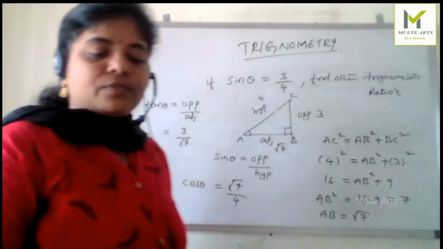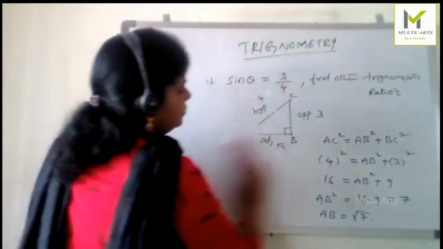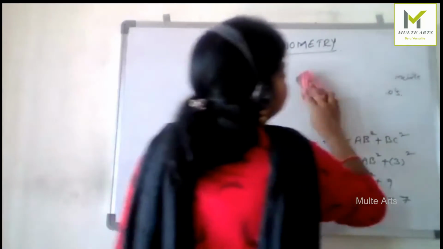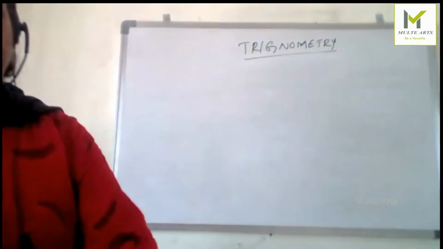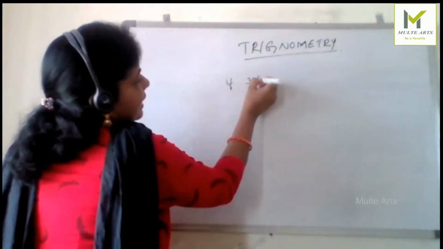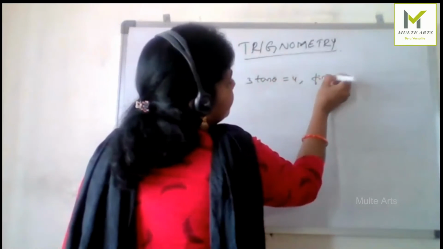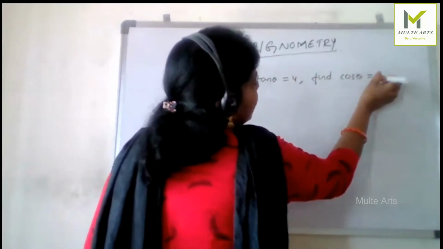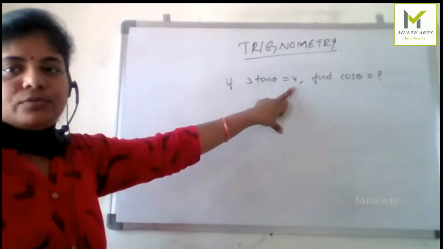Now I'm going to give you one more small question. If 3 tan theta equals 4, find cos theta. Here the question is given as 3 tan theta equal to 4.